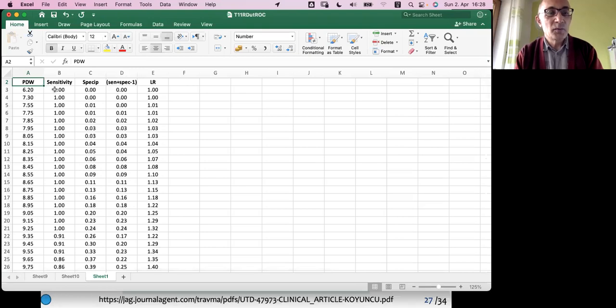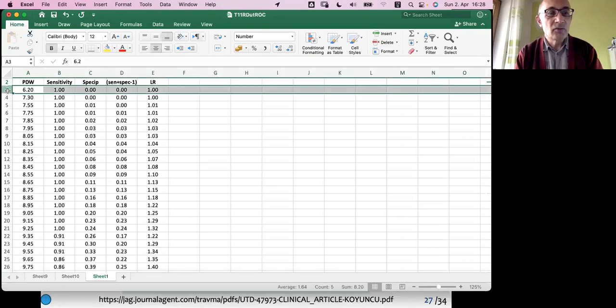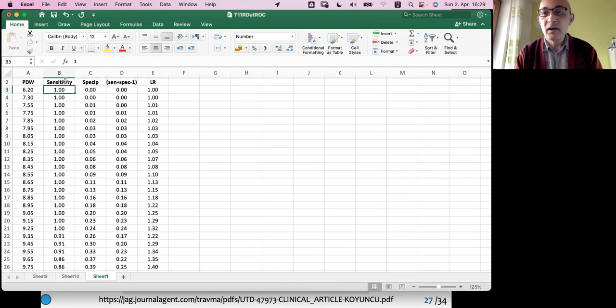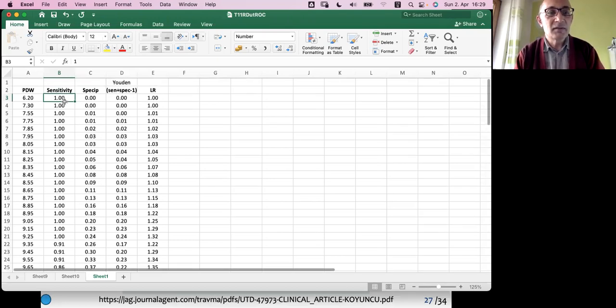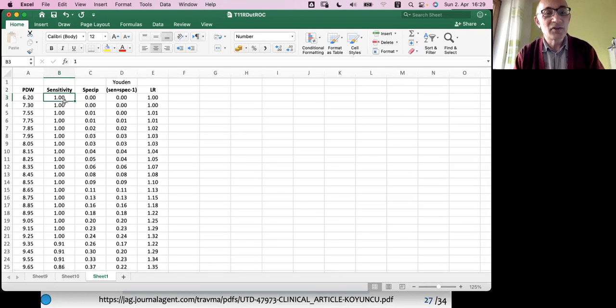And if you use a very low cutoff, a very low value for diagnosis, like 6.2, you will have a 100% sensitivity because all your patients will have this minimum level of platelet distribution width. Everybody will be above that level. So you have to label all your patients as having the disease, with pneumonia or infection.